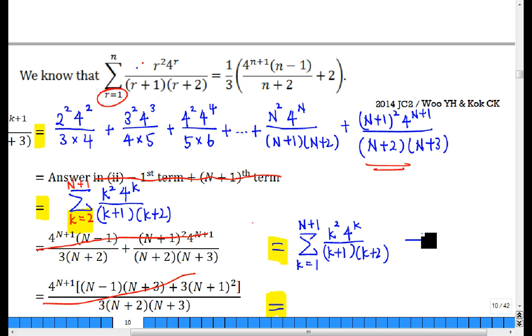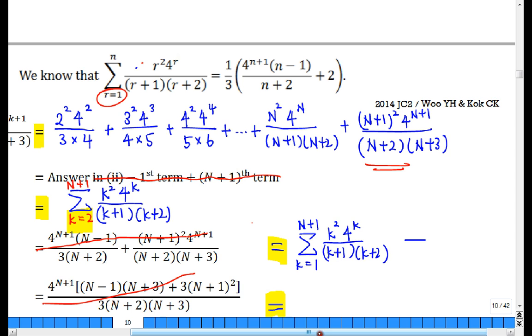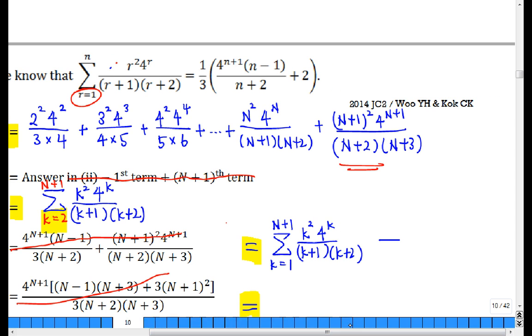Is it obvious to all of us? Yes? I start off with 1, I must minus away the first term so that I can start with k equals 2. So what is the first term? I substitute k equals 1, I get 1 times 4 over 2 times 3. Actually, it's 1 squared.